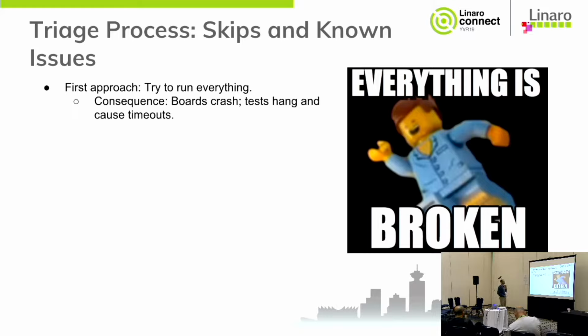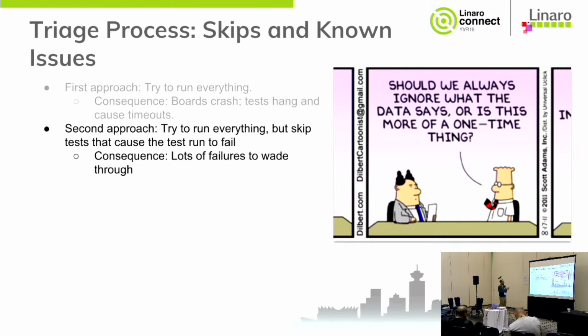So the first thing we had to do was get the test results in a consistent and reliable way, so we implemented skip lists. For our skip list, we initially just tried to skip the things that caused the test runs to fail. But as a result, we still have a lot of failures to go through.